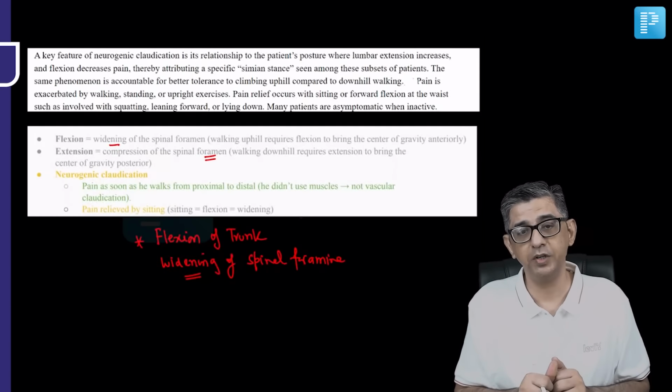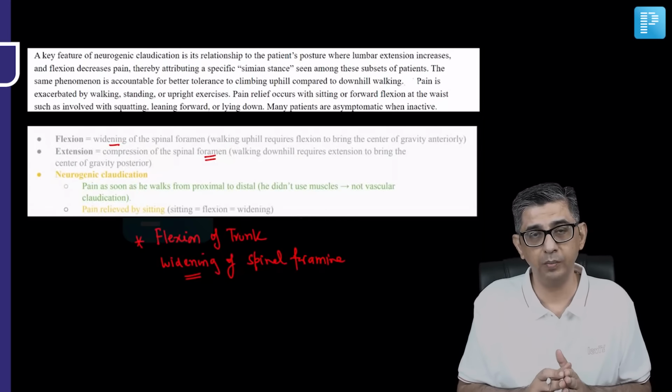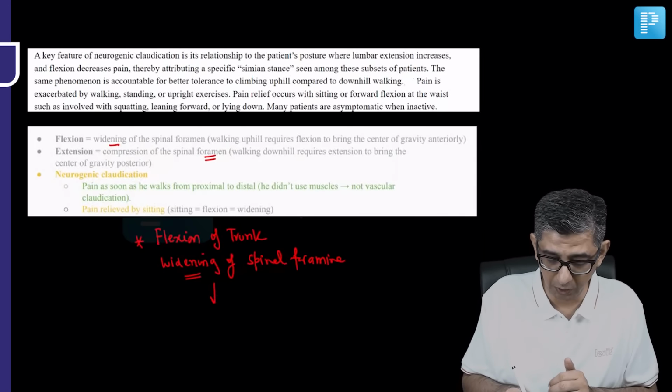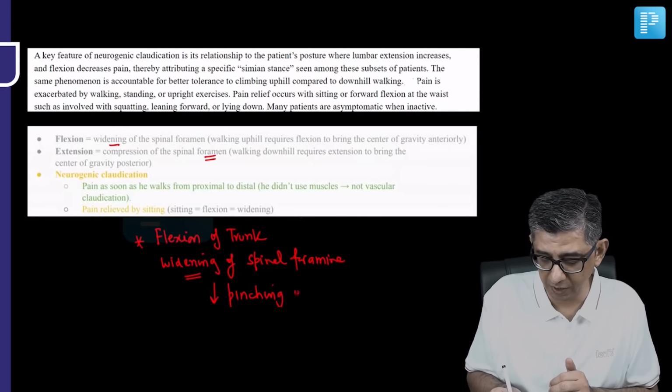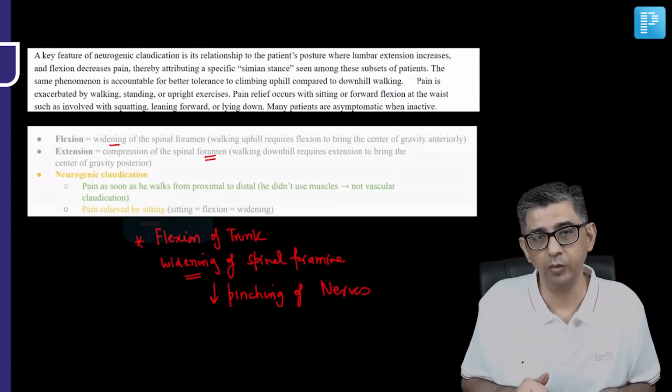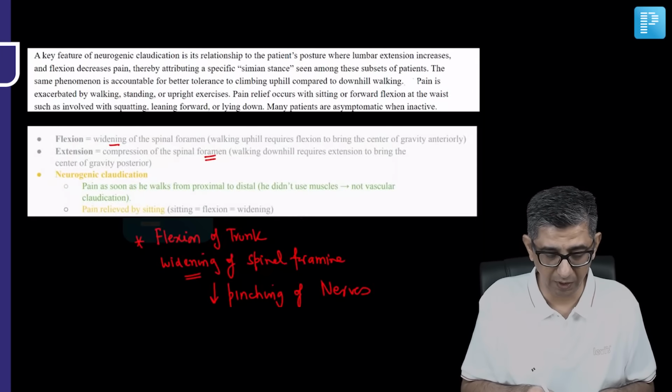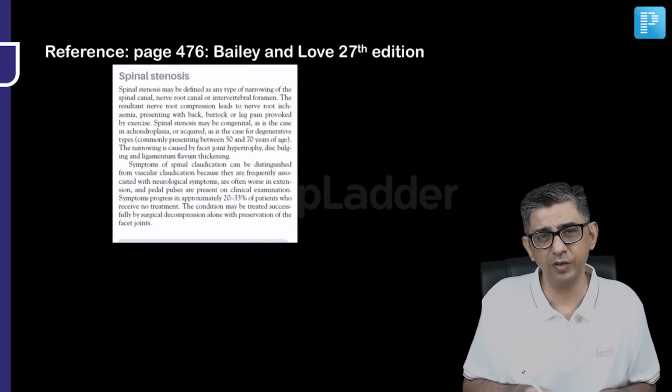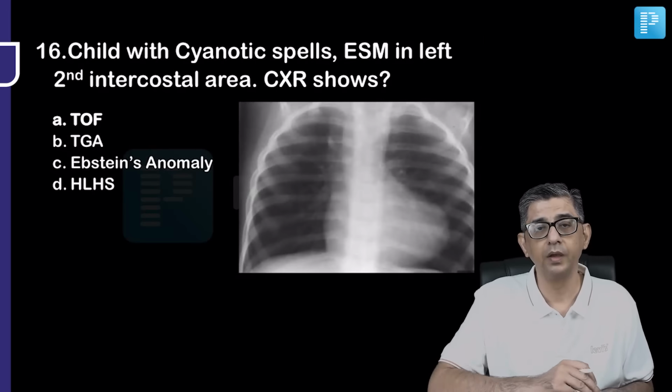So the flexion of the spine causes widening of the spinal foramina, and therefore the pressure on the nerves, or the pinching of the nerves, I would say, although it's an unofficial way of explaining it, would be relatively lesser, and the pain component of the person would be reducing. So I would say again an integrated question, and the reference from Bailey and Love is also given.